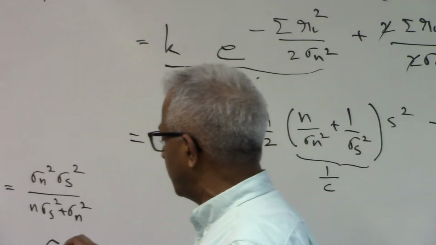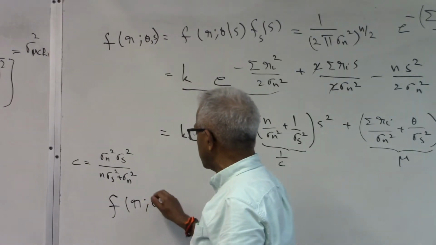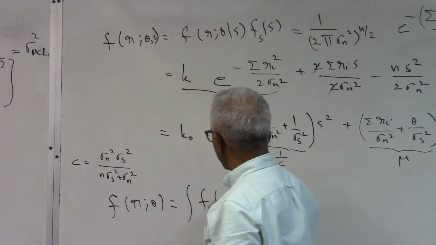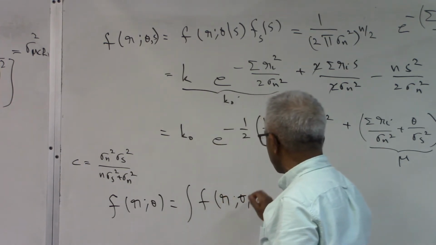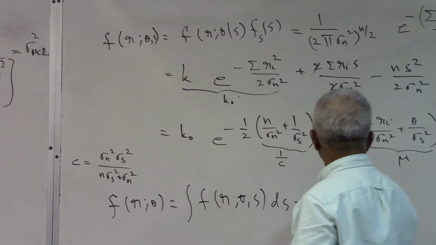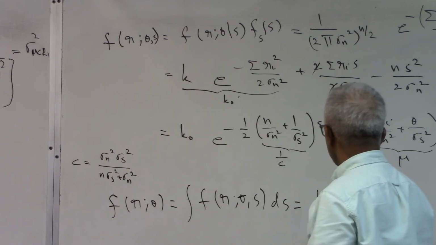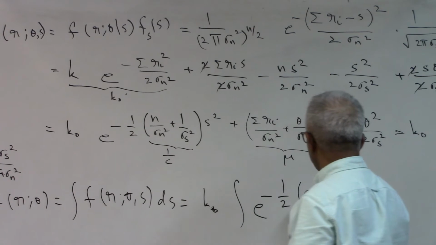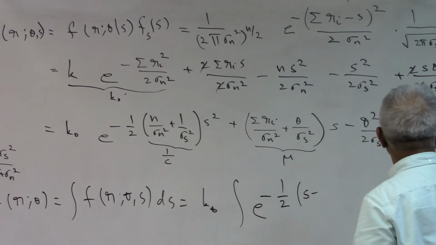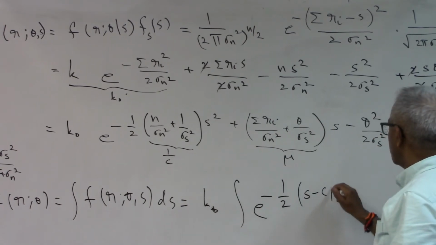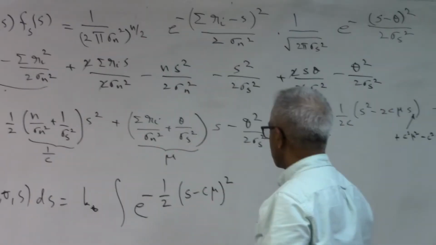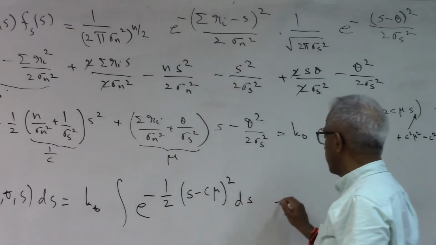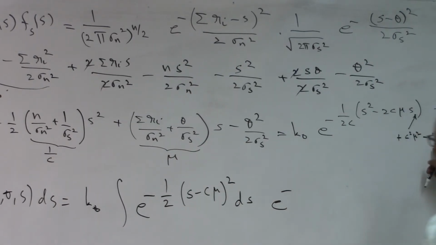So your f of r comma theta, which we are looking for, is the integral of f of r comma theta comma s ds. So that's going to be k naught times the integral of e to the power minus 1 over s minus c mu squared ds. That's all. And then you have e raised to minus, we just went through this.